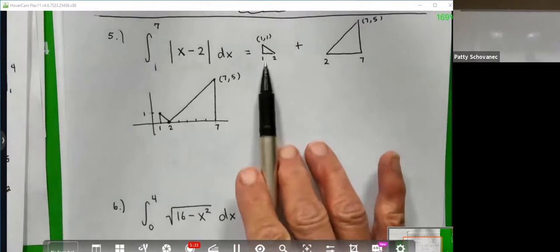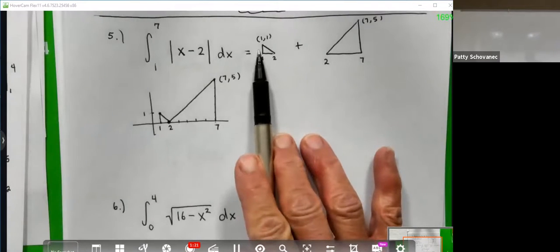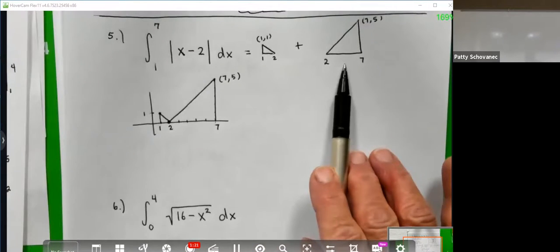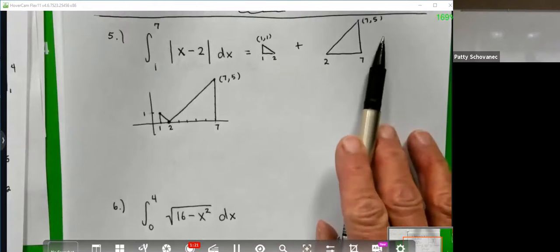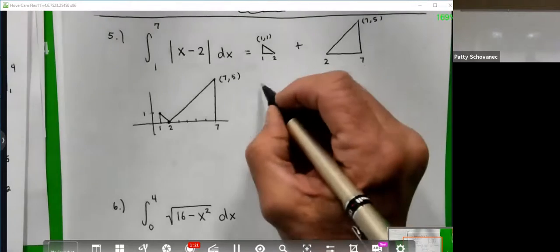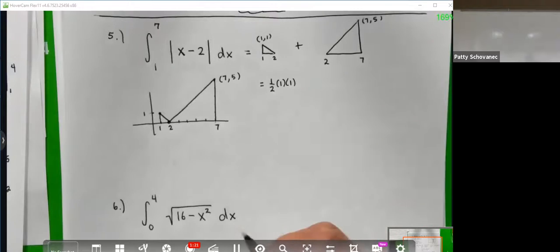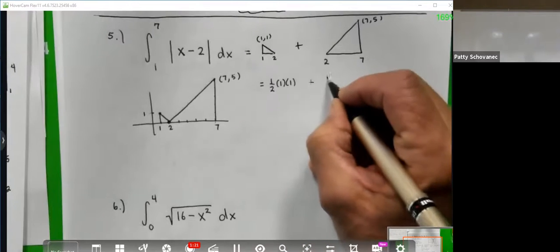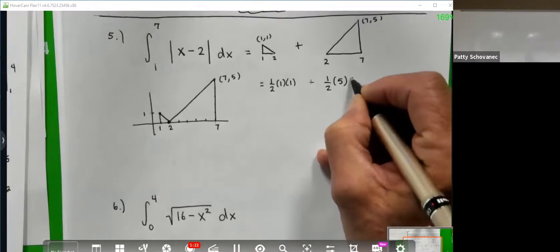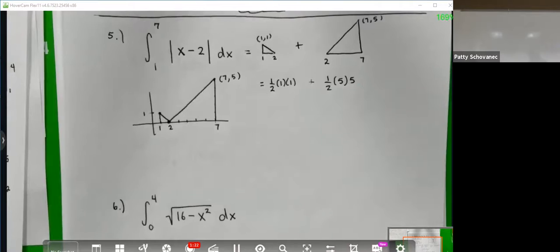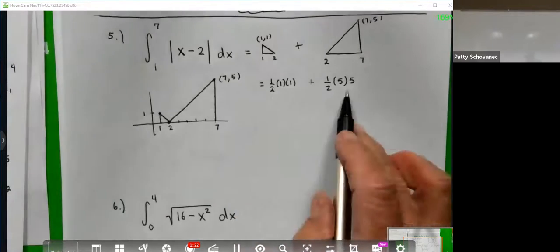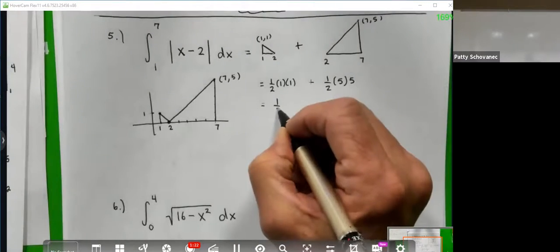This one has a base width of 1 and a height of 1. The second has a base width of 5 and a height of 5. So I can write the area of this first triangle as 1/2 of 1 times 1, and the second triangle as 1/2 of 5 times 5. So I have 1/2 plus 25 halves.